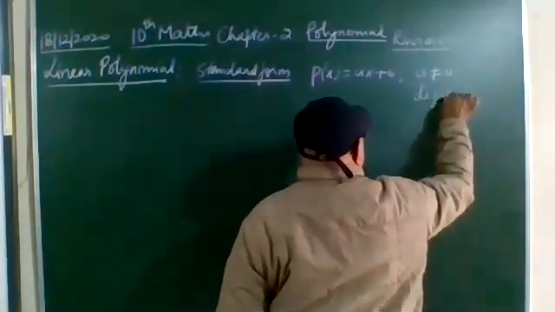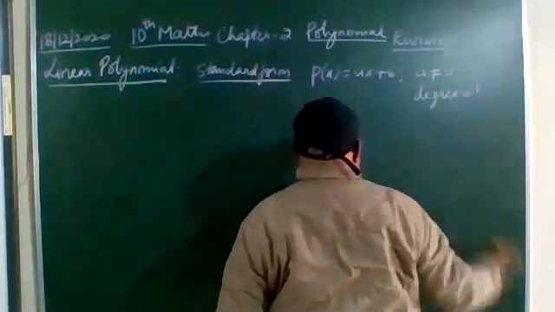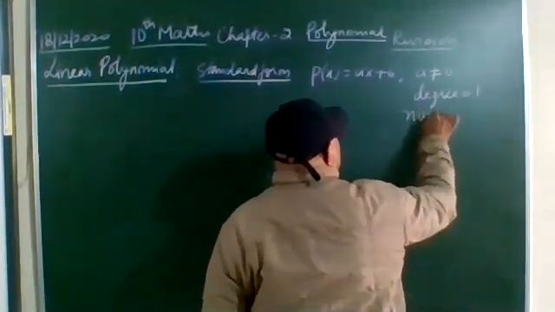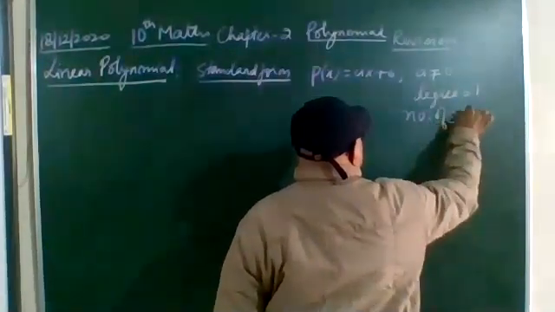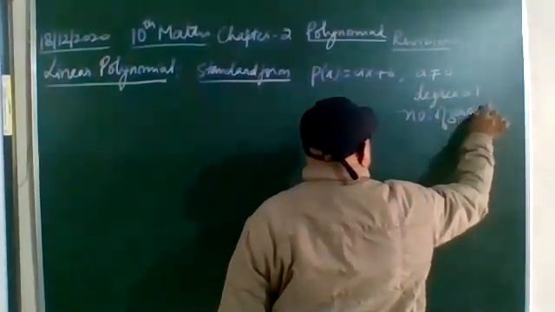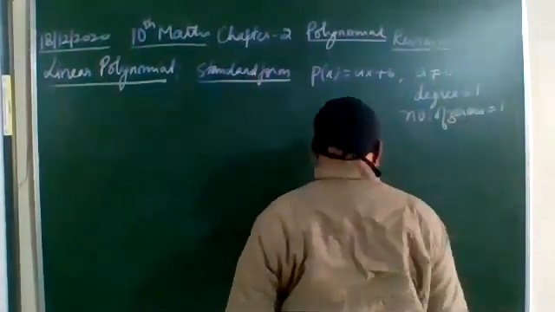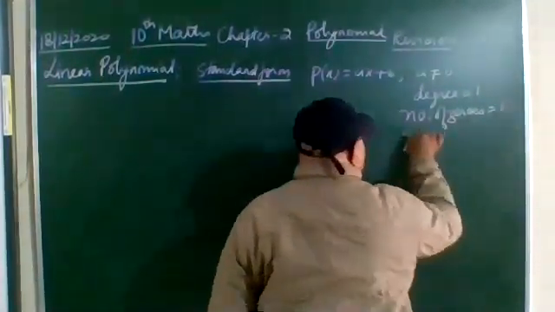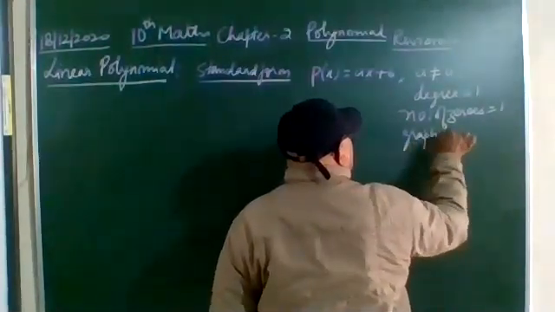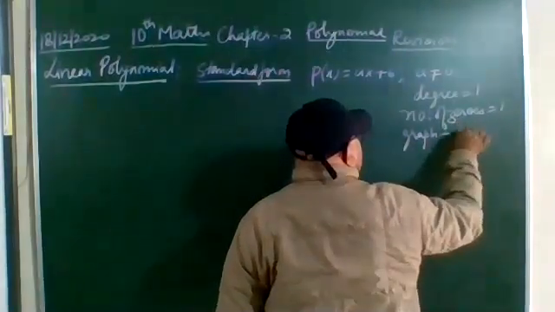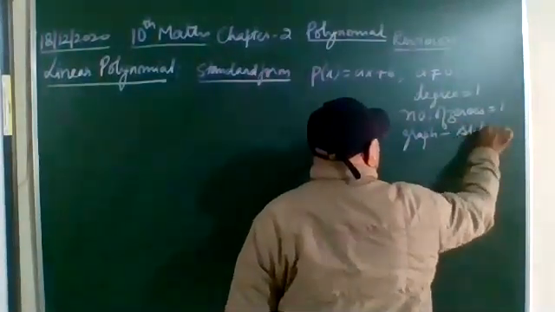The degree is 1. The number of zeros is equal to 1. The graph is a straight line.